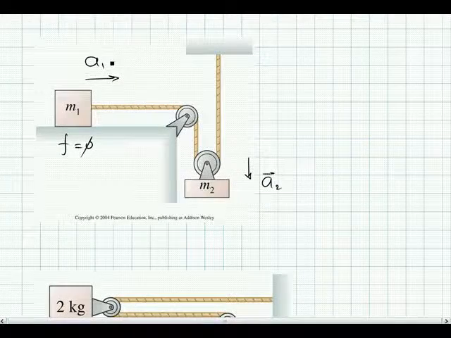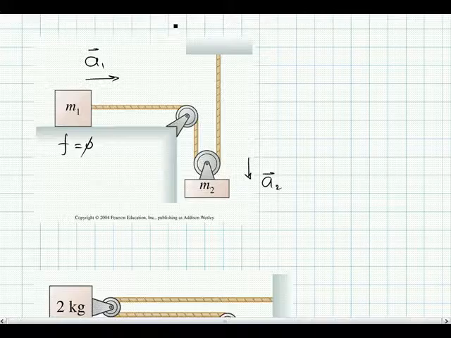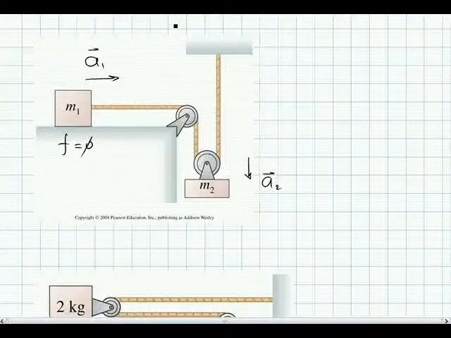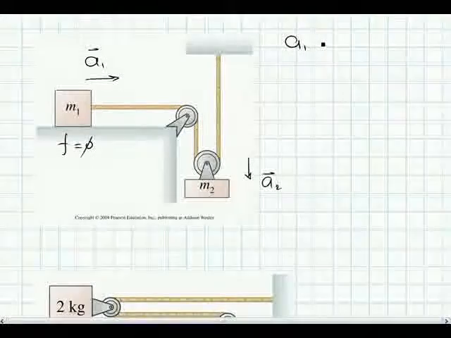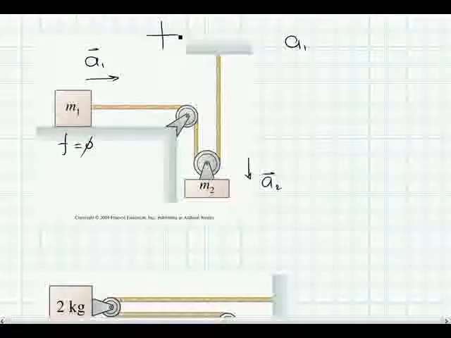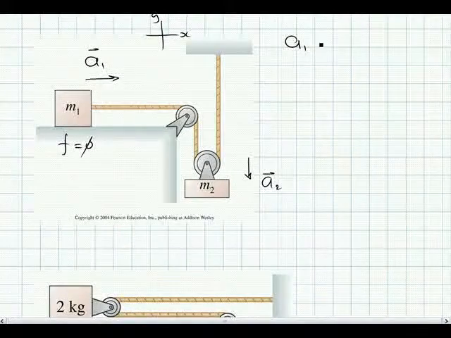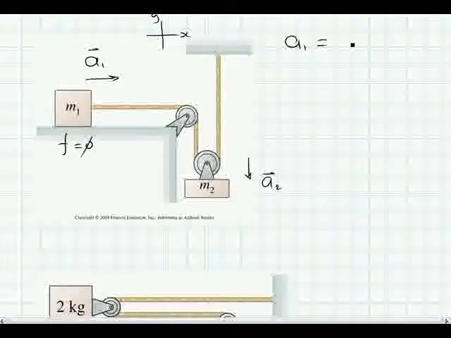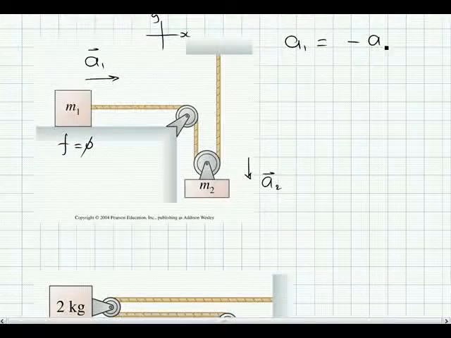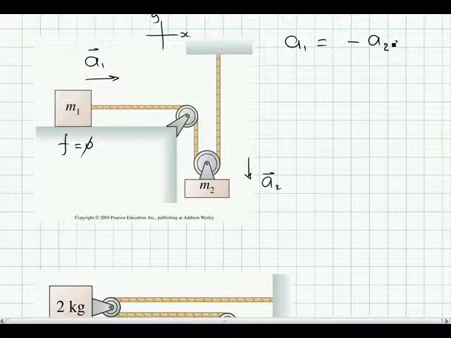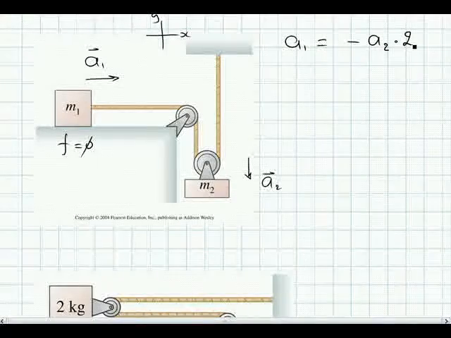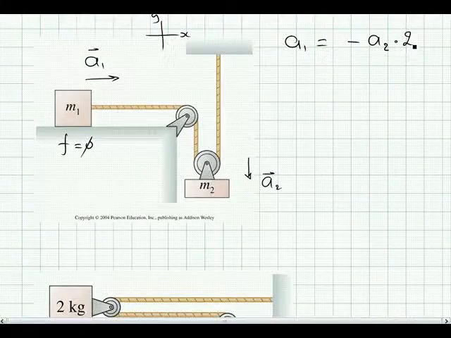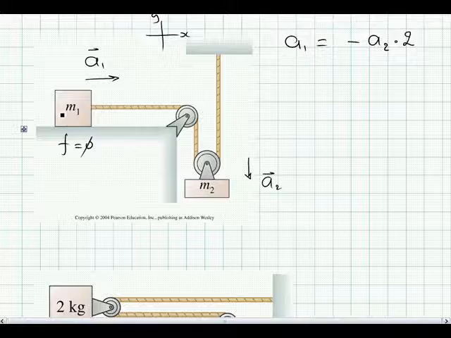Alright, and our acceleration constraint shows that, if we were to choose this as our x and y coordinate system, a1 is equal to negative a2, but there's also a factor of a half, so a1 is twice a2.